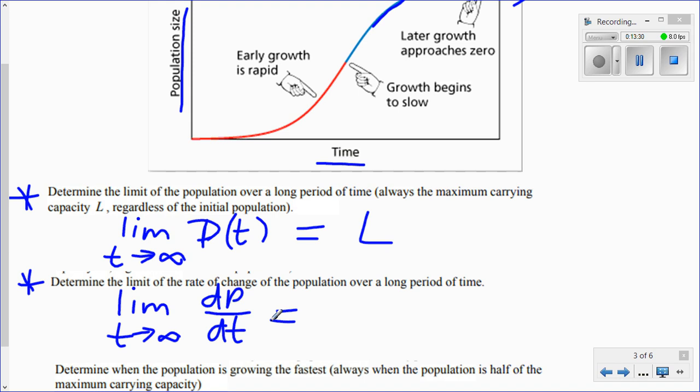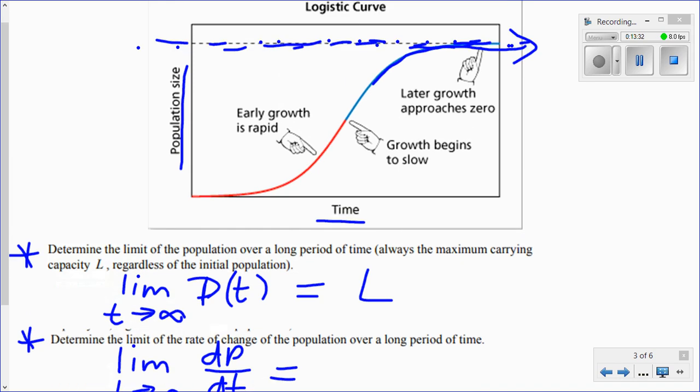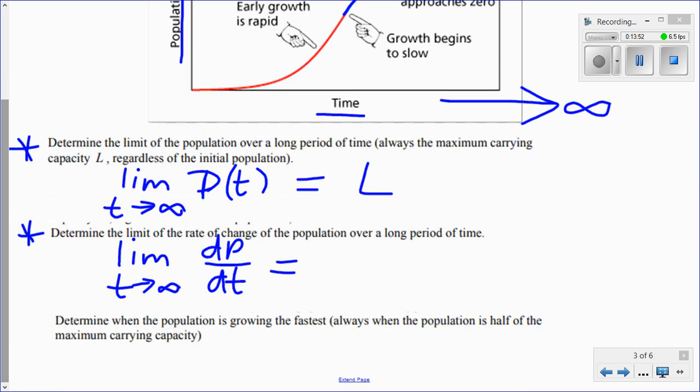Okay, so what do you notice? We're talking about basically the slope when you look at this graph. So hopefully you're noticing again, as t approaches infinity, because this graph is leveling off and becoming more horizontal, and the slope of a horizontal line is 0, that this limit would be equal to 0, or the rate of change of the population is approaching 0 over a long period of time.